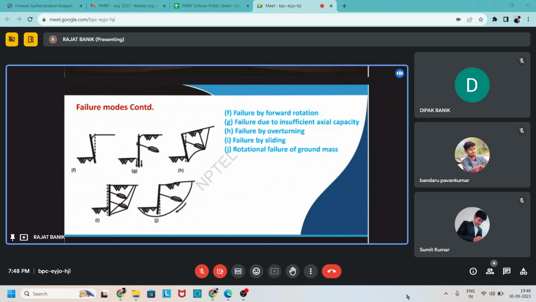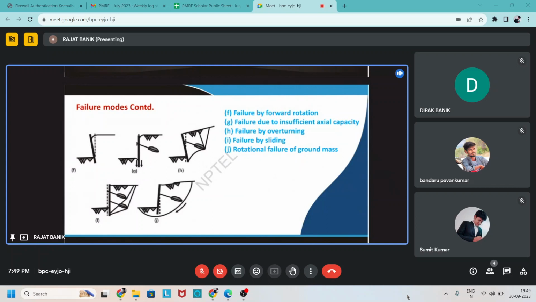And failure by overturning, where the whole arrangement is overturned. We know this overturning happens when the resisting force is less than the overturning force. Then this failure occurs.